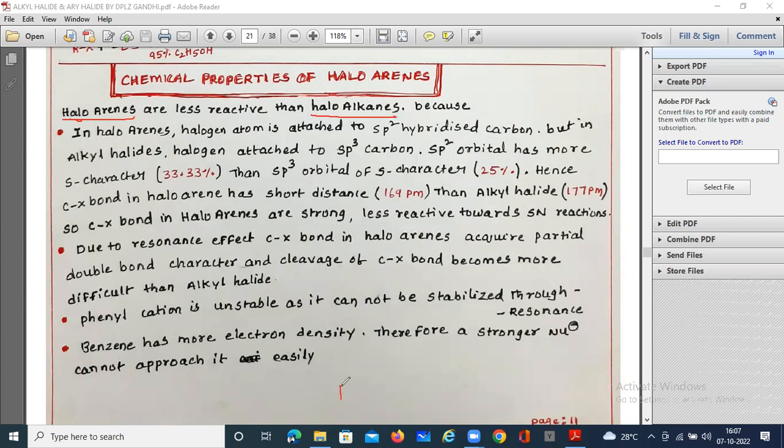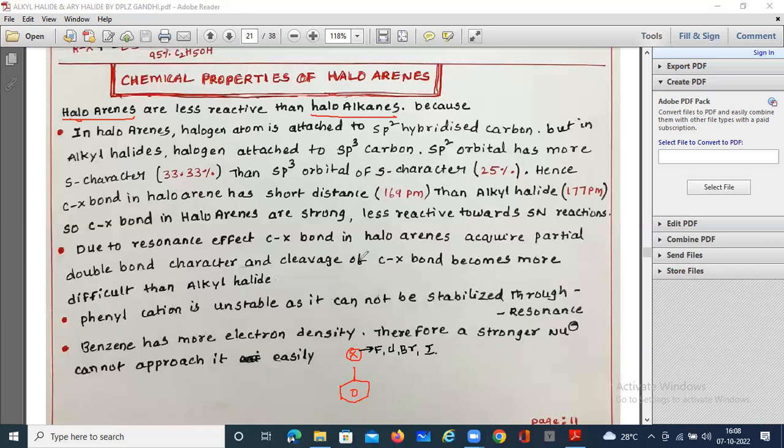That means this one. X stands for any halogen atom like fluorine, chlorine, bromine, or iodine. Okay, let us see, X stands for what? Fluorine, chlorine, bromine, or iodine.